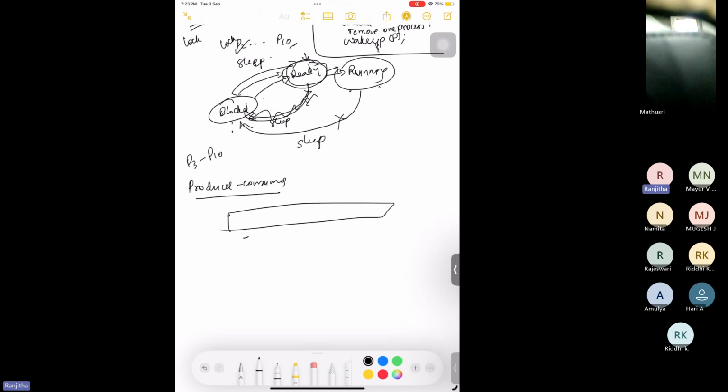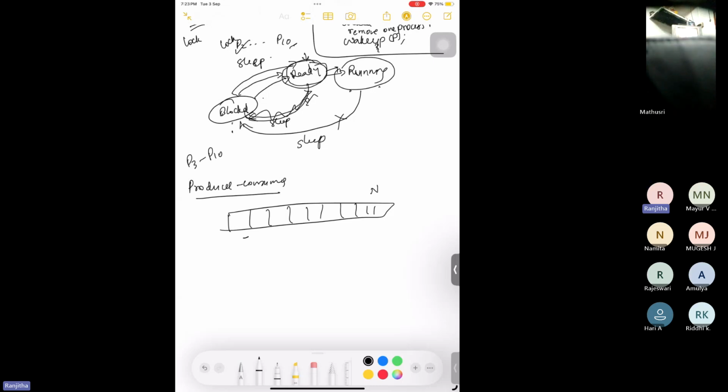So we have this bounded buffer of size n. The requirement is that the producer will produce, and it should stop producing once the buffer is full, and the consumer should wait when the buffer is empty. Correct? So it's not that the producer writes one item and waits for the consumer to consume it.